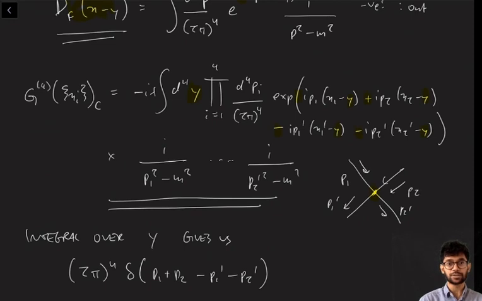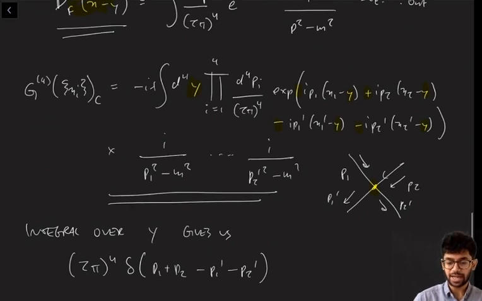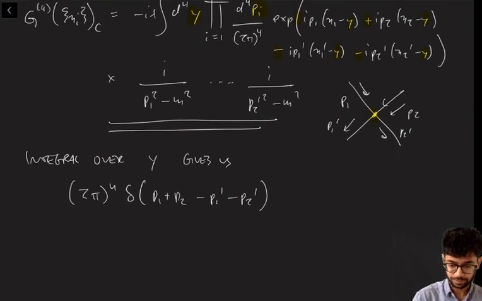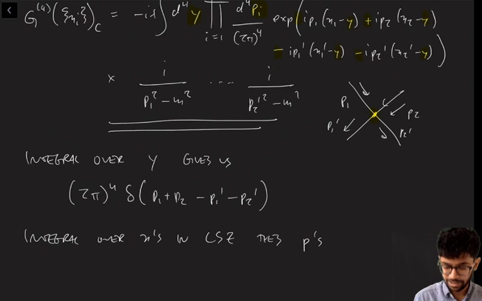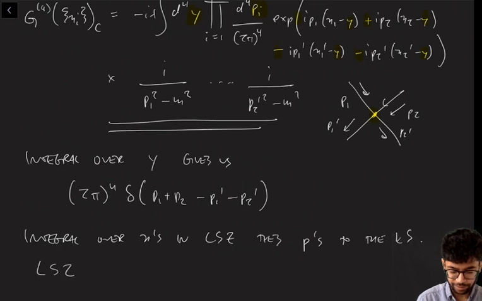And each of those integrals over x's is going to tie the internal momentum, which I've called p, to the external momenta, which I called k. Okay. So let me just write that down in words. The integral over x's in LSZ ties the p's to the k's, in other words, sets them equal to each other. And furthermore, the LSZ formula also had a bunch of factors.